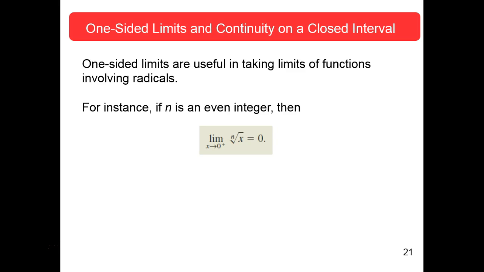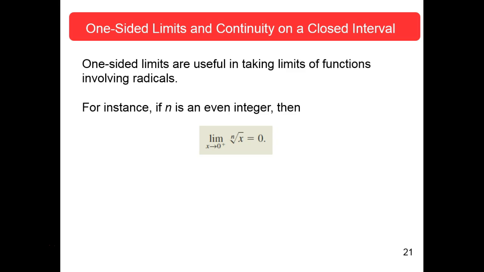Okay. Now, one-sided limits are useful when you're taking limits of functions involving radicals. Remember the square root of x. You can't approach from the negative side, because none of those values are defined there. You can approach it from the positive side. So here's the example of that. For any even n, the limit as x approaches 0 from the positive side of the nth root of x is indeed 0.